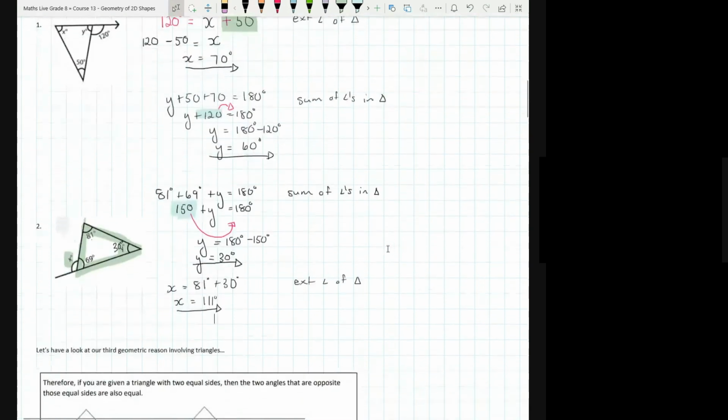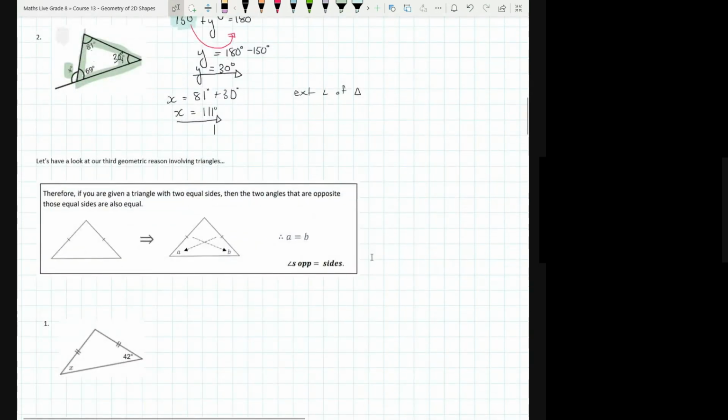So I'm going to move on in the meantime, and let's have a look at the third reason we are going to learn about. And again, it involves triangles. So what are all of these reasons I'm giving you for? Well, because I'm giving you tools for your toolbox.